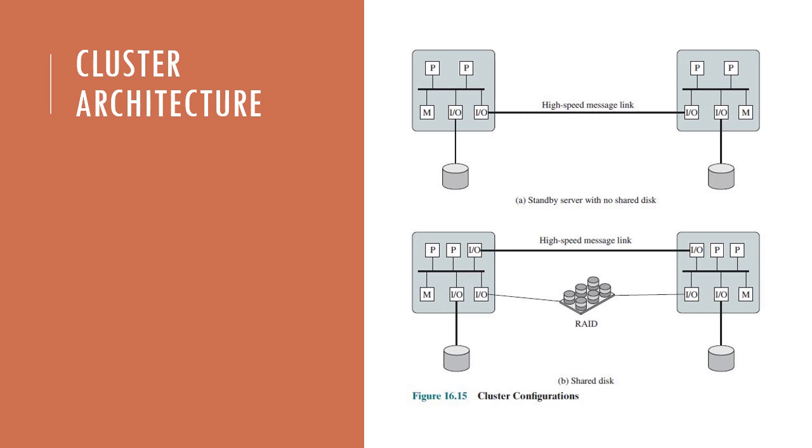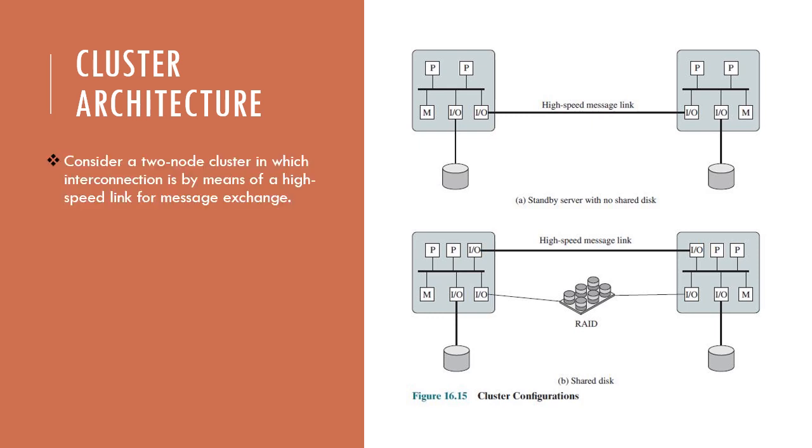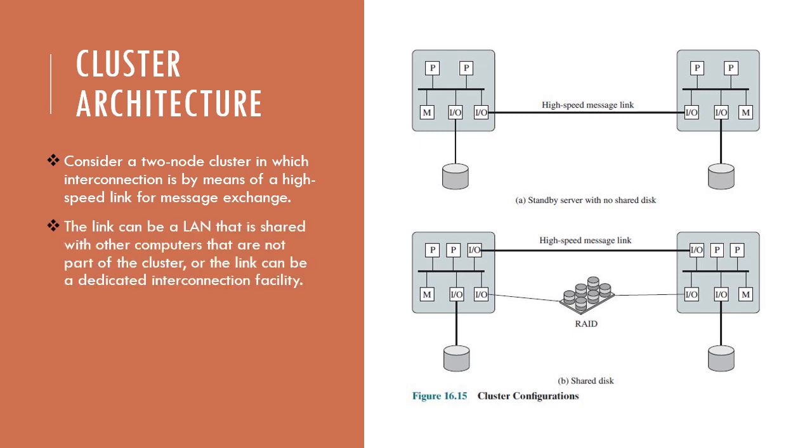Cluster architecture. Consider a two-node cluster in which interconnection is by means of a high-speed link for message exchange. The link can be a LAN that is shared with other computers that are not part of the cluster, or the link can be a dedicated interconnection facility.